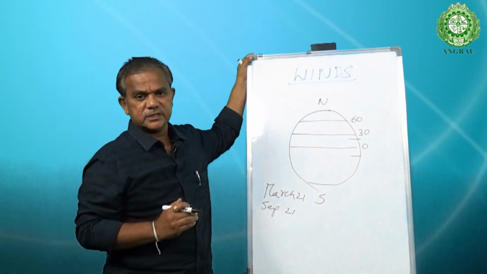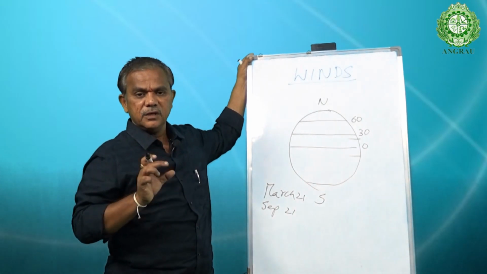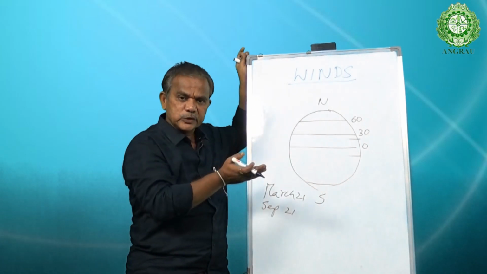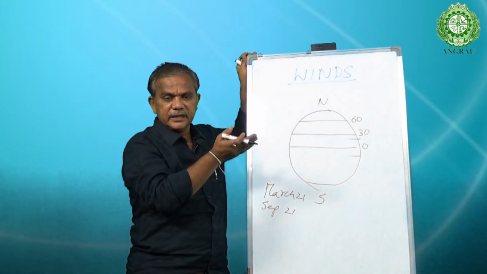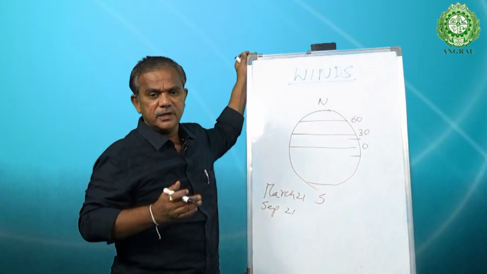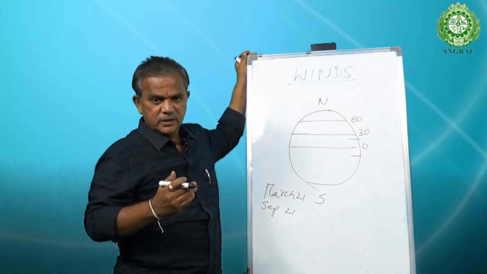And on June 21st, the earth is inclined in such a way that more solar radiation is received in the northern hemisphere from March 21st to June 21st, and this extreme date of maximum receptivity of solar radiation on June 21st we call the summer solstice.